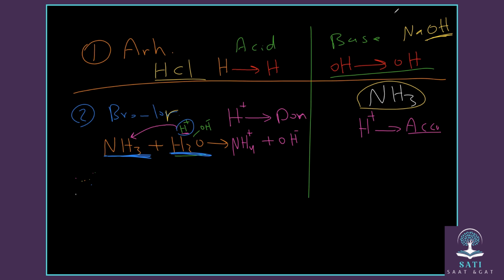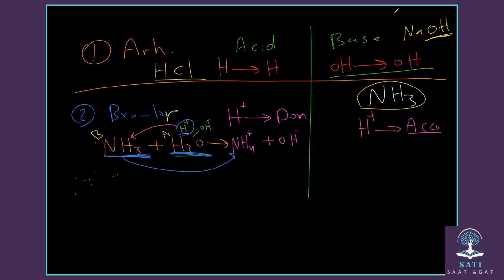NH3 accepted the hydrogen ion. So in this case, NH3 is a base, because it is the acceptor. So this one is a base, and this one is an acid.